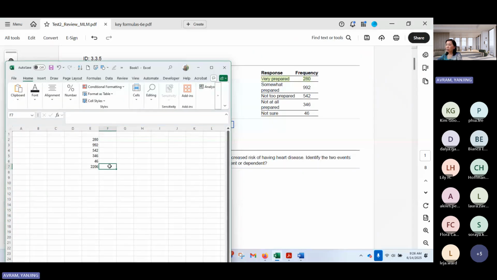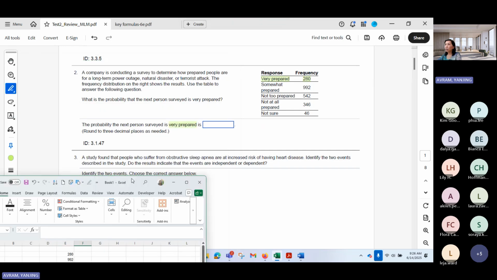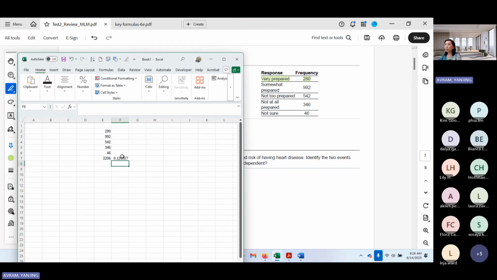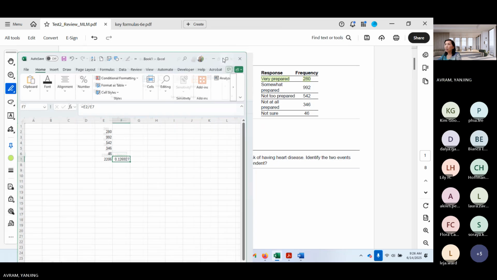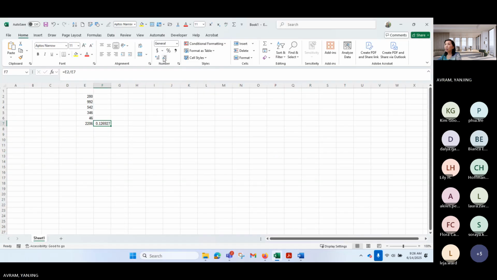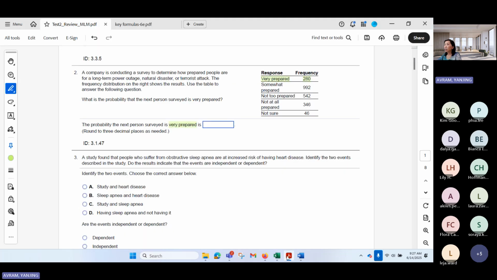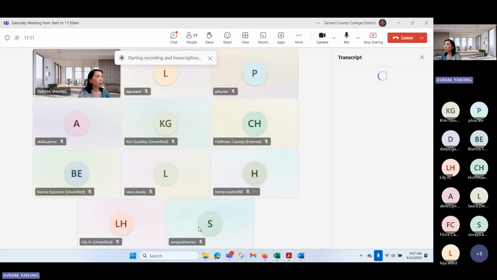Okay, so we have a total of 2206, right? So you're using 280 divided by the total. All right, and this one is telling you to round to 3 decimal places. So round to 3 decimal places will be 0.127.